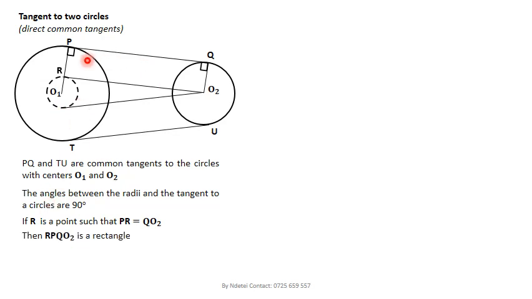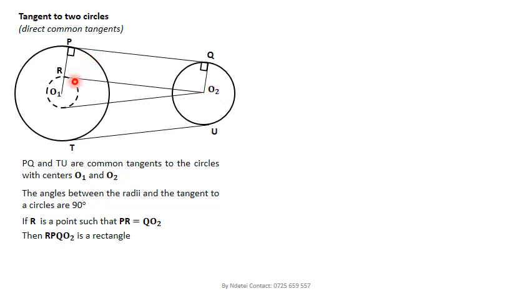Again, we can draw an equivalent tangent like the one we have there. Now, if we have this point R such that PR and QO2 are equal, then RPQO2 is a rectangle. And I should say that that's the major idea in this lesson. That is a rectangle there. We are forming a geometrical figure so that it helps us in calculating the distance around.